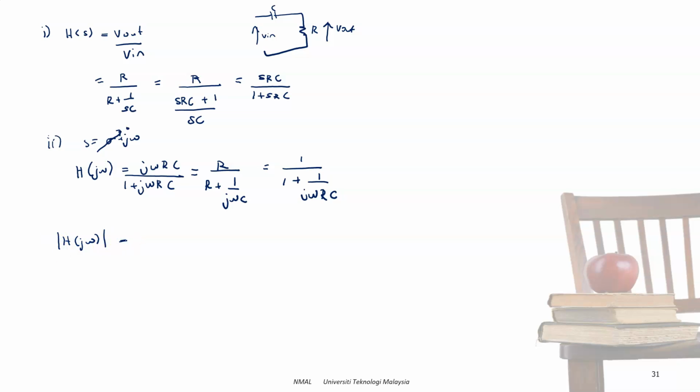Okay, so now we want to find the magnitude of H(jω). It is 1 divided by the square root of 1 plus (1 over ωRC) squared. Okay, got the magnitude. And for the phase, it is actually negative tangent inverse of 1 over ωRC divided by 1, so 1 over ωRC.